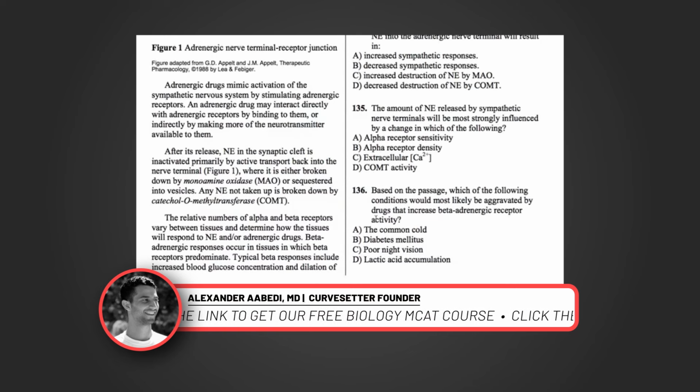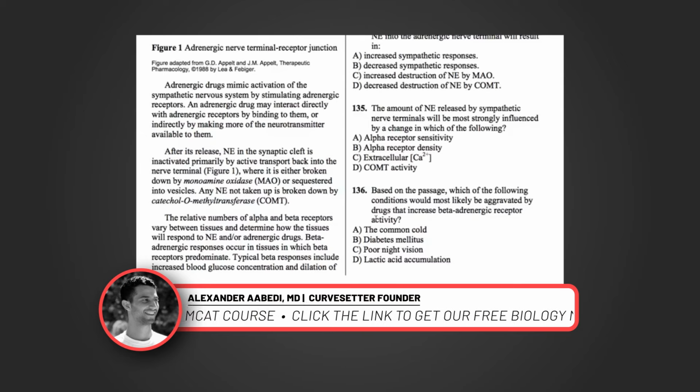That's what we're talking about with reuptake, where it is either broken down by monoamine oxidase, okay, or sequestered into vesicles. That makes sense. So either broken down or it's taken up by some vesicles where it can't stimulate the postsynaptic neuron again. Any norepinephrine not taken up is broken down by catechol-O-methyltransferase, all right, COMT.